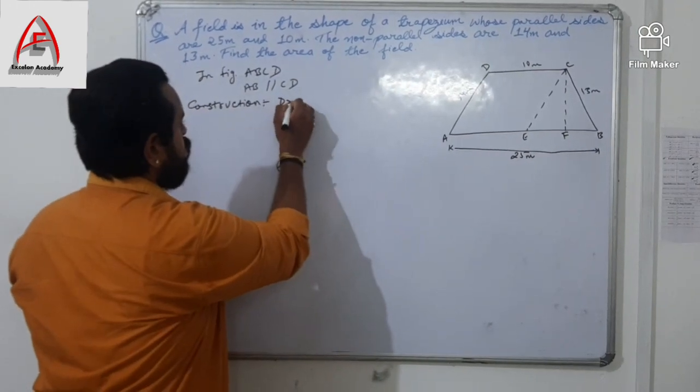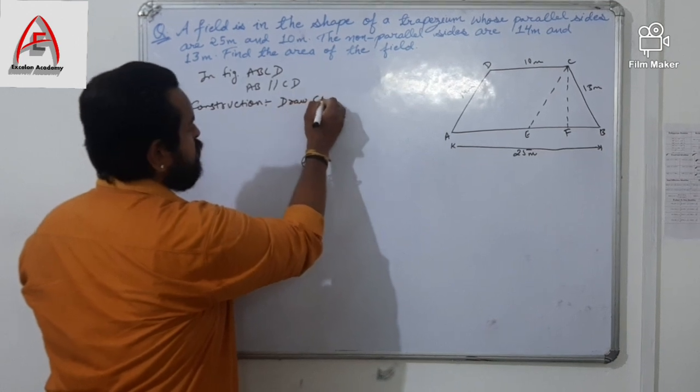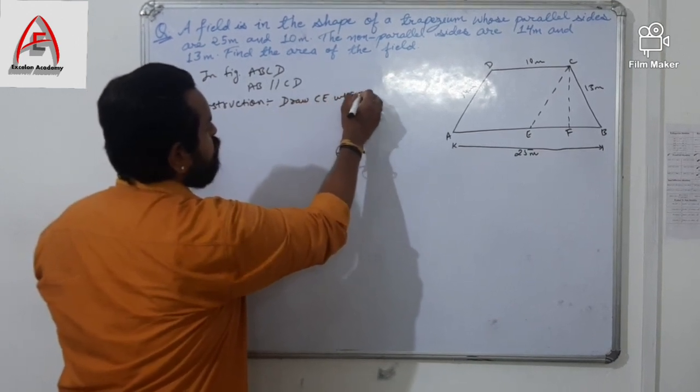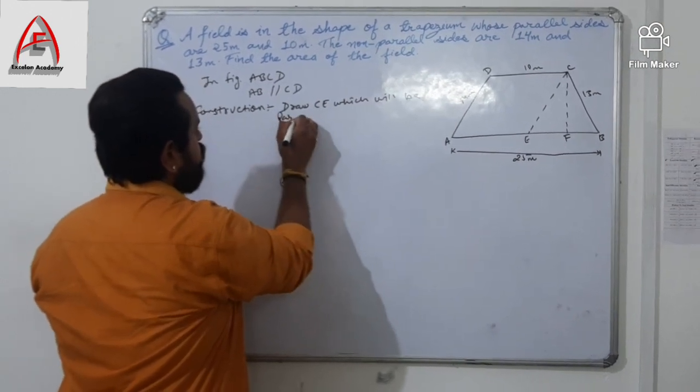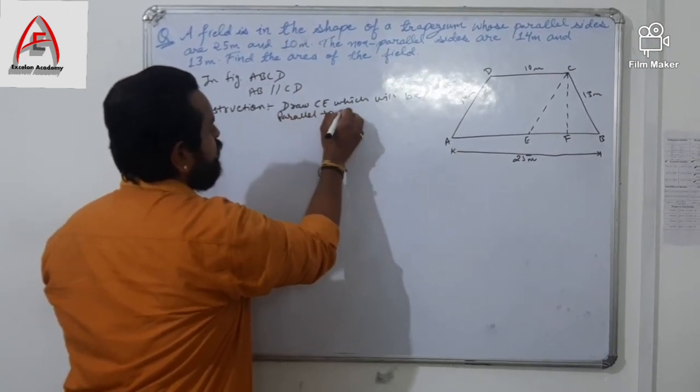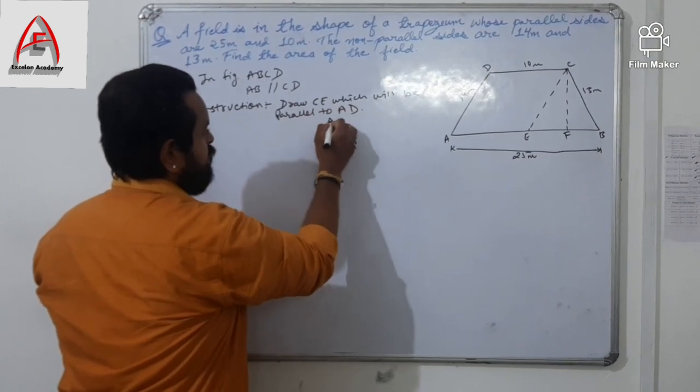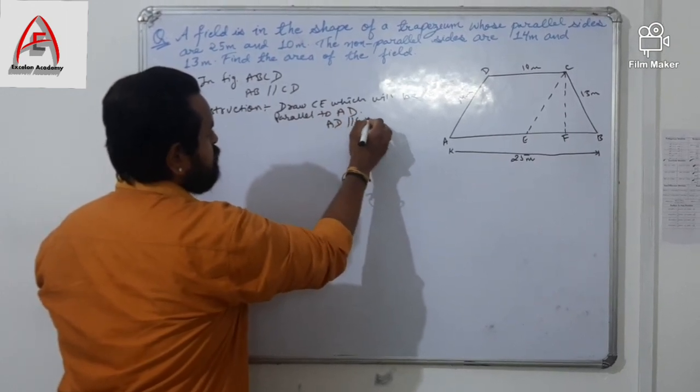Draw CE which will be parallel to AD. It means AD will be parallel to CE.